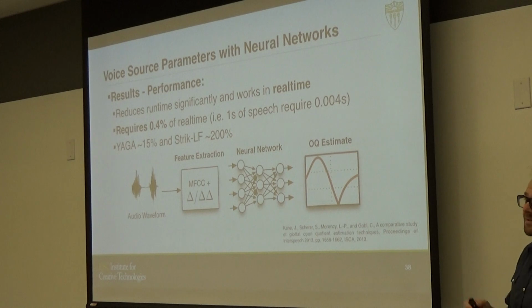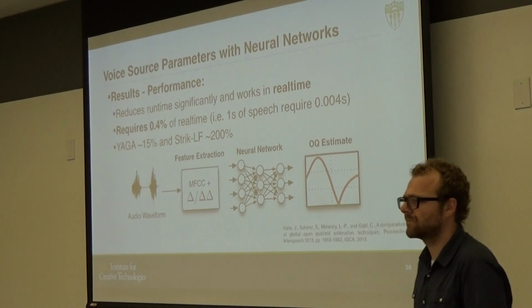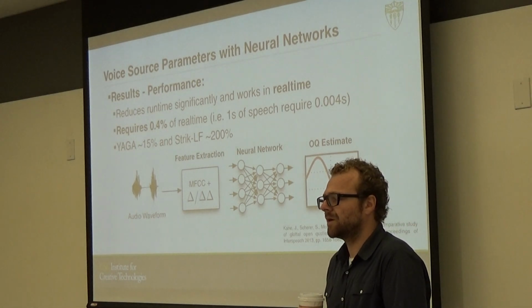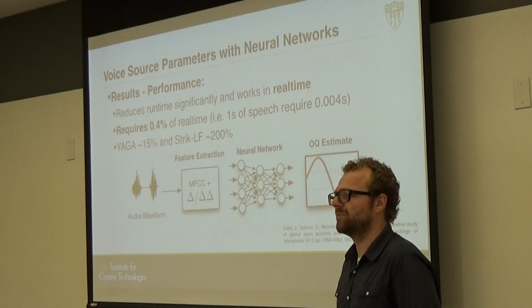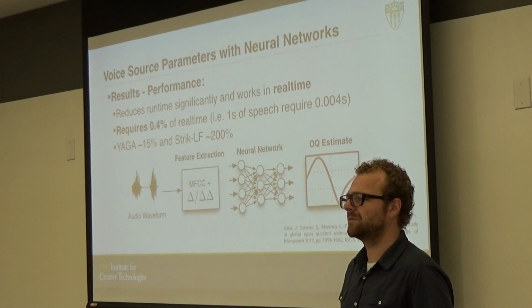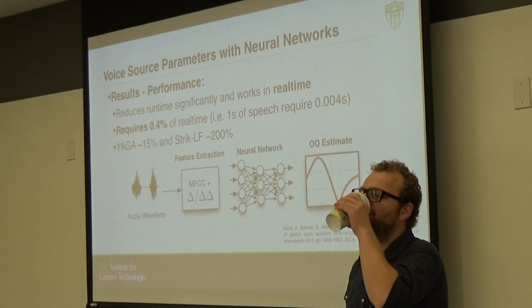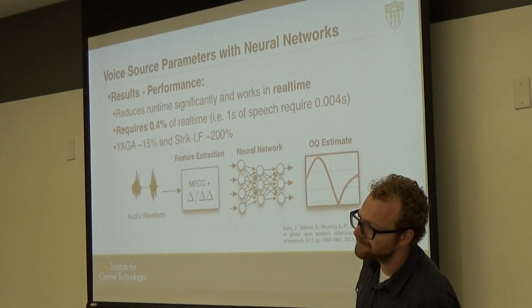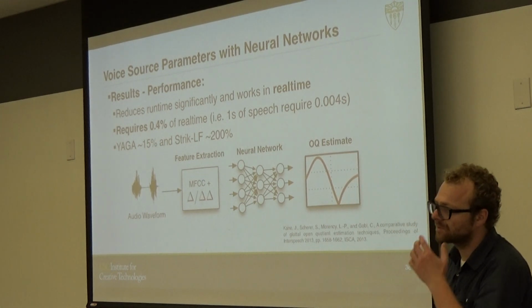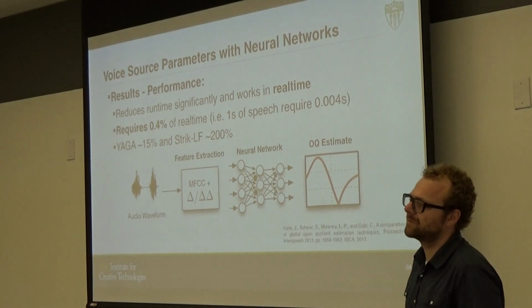And yes? Does this approach need to be individualized? I mean, do you collect the data from multiple people, or just one person? Sorry, can you repeat the beginning of the question? You talk about this approach needing ground truth, and according to other measures, is it individualized?